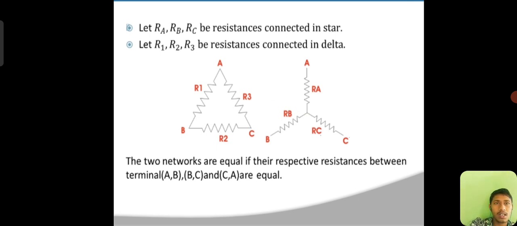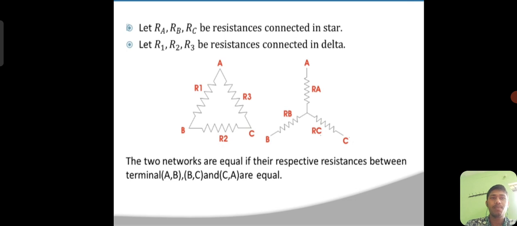Let RA, RB, RC be the resistances connected in star. Let R1, R2, and R3 be the resistances connected in delta, as shown in the figure. The two networks are equal if their respective resistances between the terminals A, B, B, C, and C, A are equal.